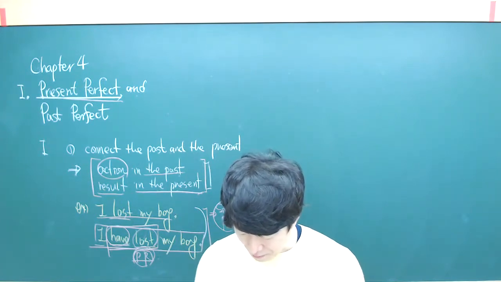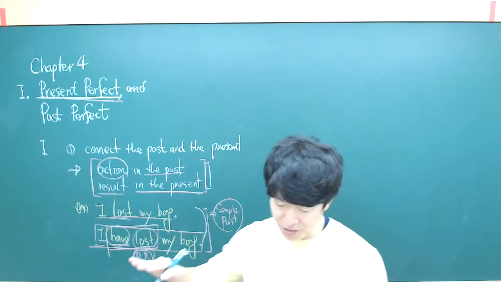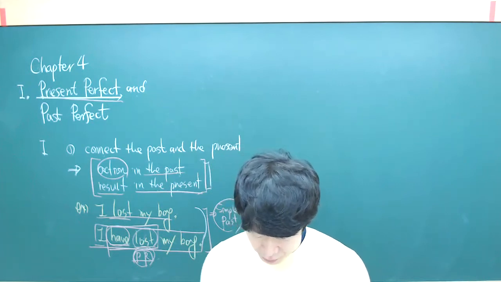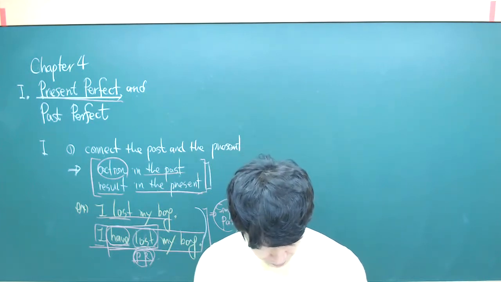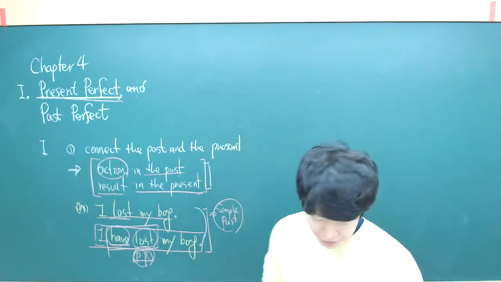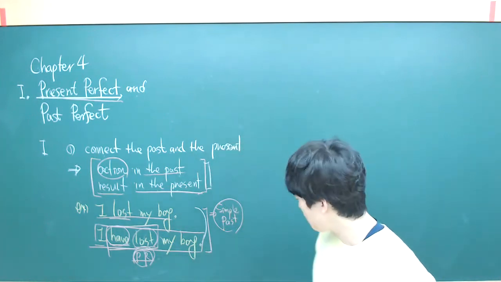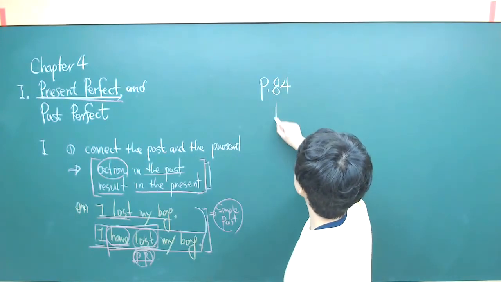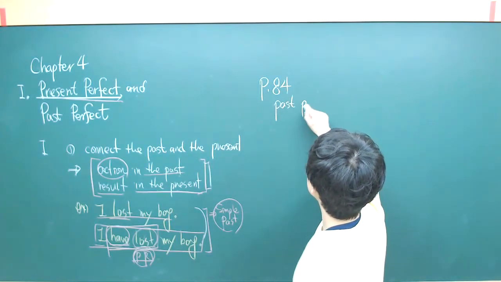Let's see on your page 83, chapter 4, the present perfect and the past perfect. So let's move on to page 84. There is the past participle.